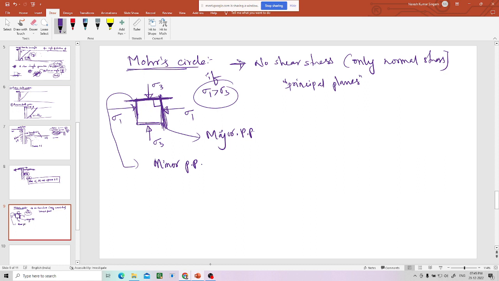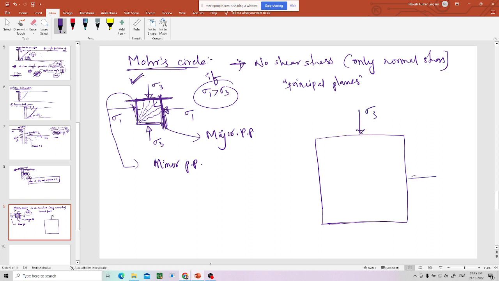Now, what about the different planes which are at some angle with respect to horizontal or vertical? You take any plane. Now I'll draw a big element. According to this diagram, if this is sigma 3 and this is sigma 1, what about the plane at an angle theta 1?